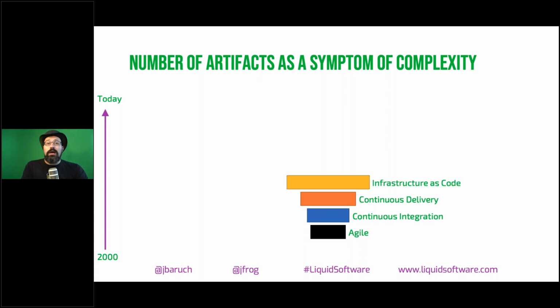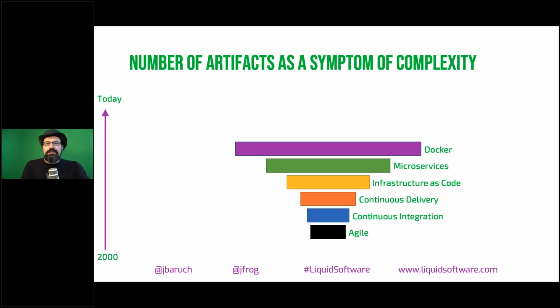Infrastructure is code, now hardware is software as well, and all the complexity of software now applies to hardware. Microservices obviously raised the complexity dramatically because the relationships between software now got much more complicated. Obviously with Docker, we have those isolated containers that we hope we know what's going on inside, but not always.